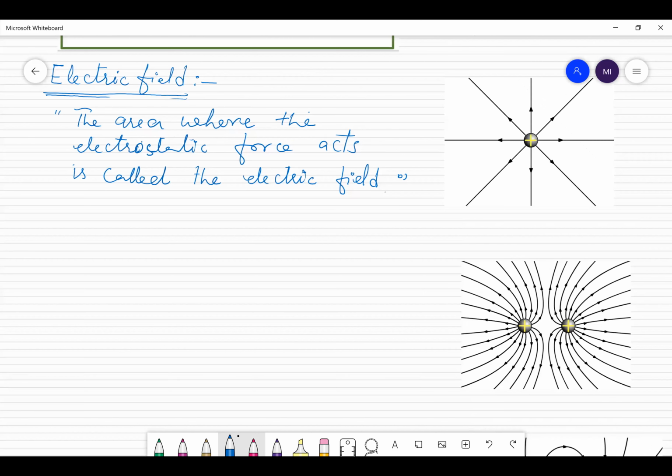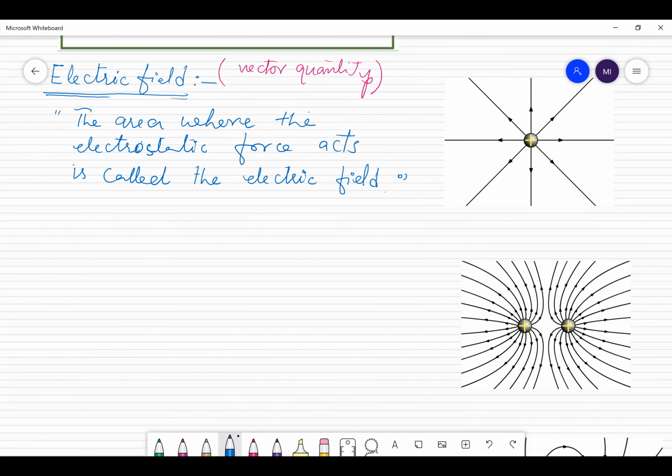Electric field is, in fact, a vector quantity, a physical quantity which we consider as a vector quantity. It has a direction.